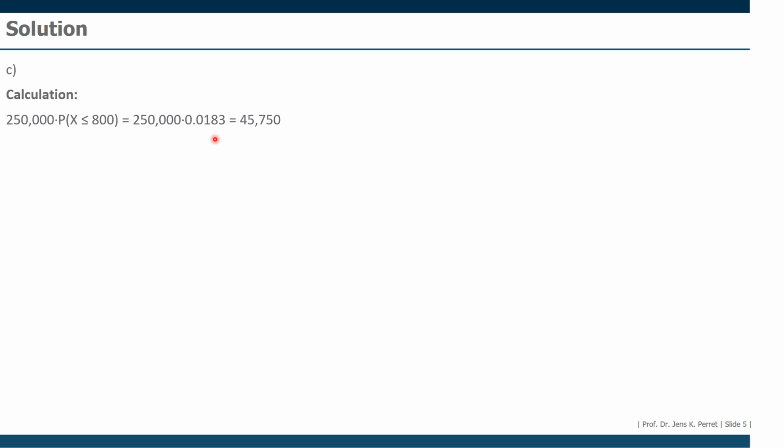Well, we already know this from part A, so we can simply copy paste this one. Then we have to multiply this probability with the total of 250,000 cans filled. If we do this, we get as a result 4,575. So that's the amount of cans which contain less than the stated filling quantity.